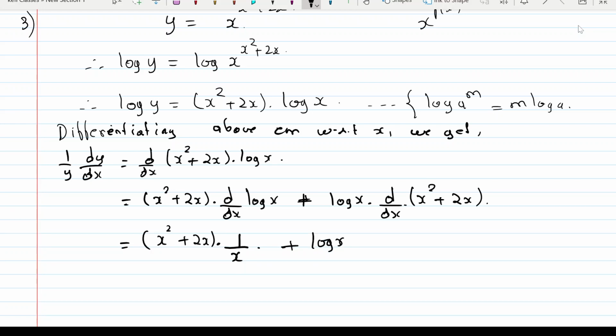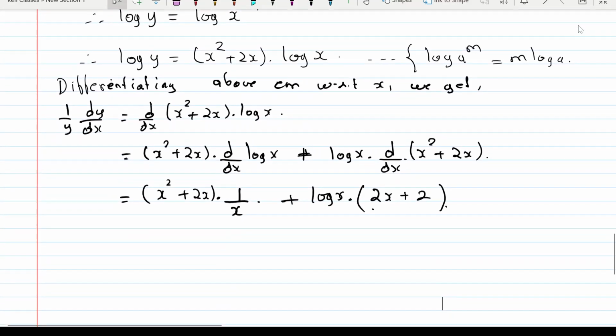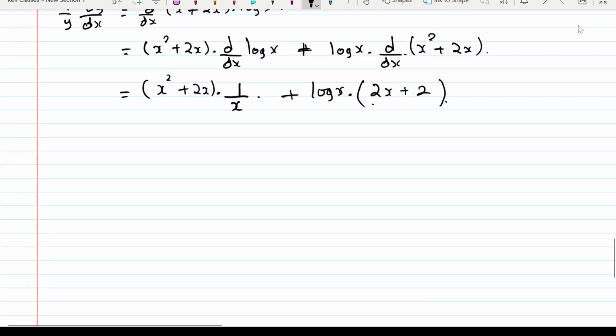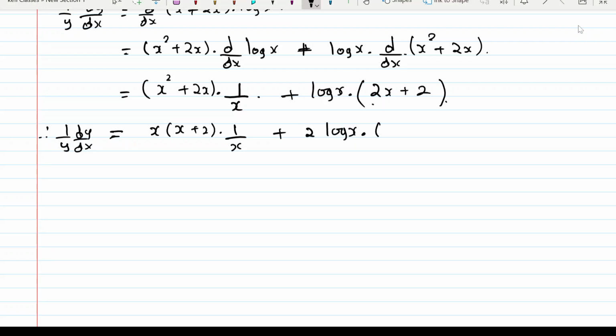Plus log x into d by dx of x square plus 2x, and d by dx of 2x is 2. Correct? So now this will become equal to, therefore 1 upon y dy by dx is equal to, I can take x common and this will be x plus 2 into 1 upon x plus, I can take 2 common and this will be 2 log x into x plus 1.